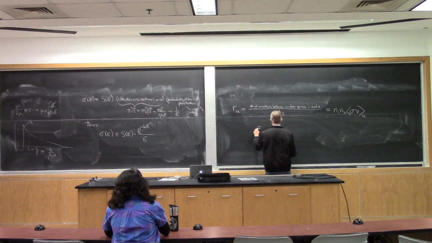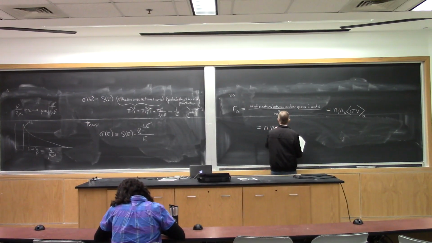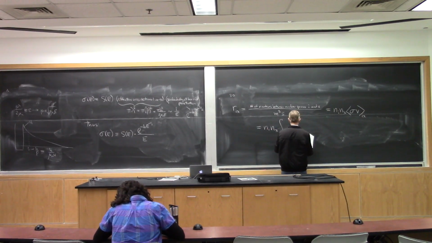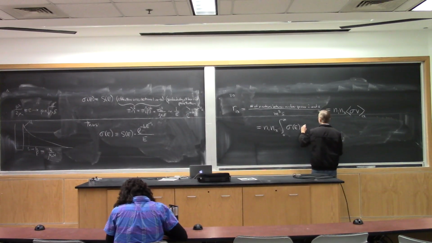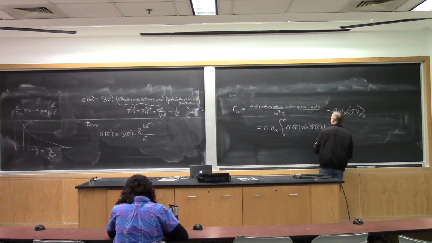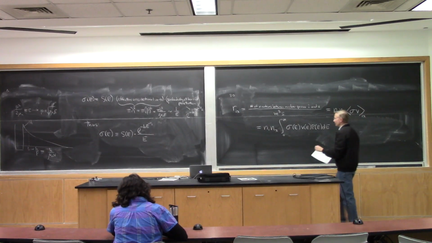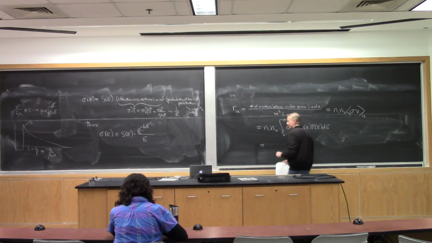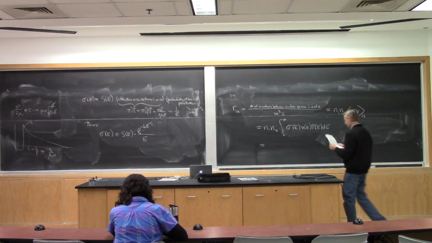But that funny notation meant this integral right here, integral from 0 to infinity of sigma of E v of E P of E dE. And from today and Wednesday, we have all of the ingredients to put into that integral now. So we will do that.